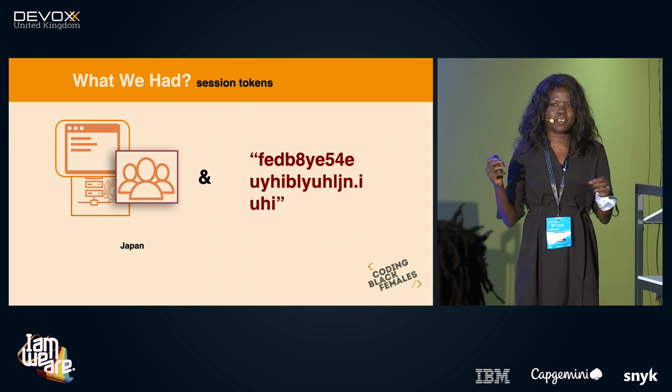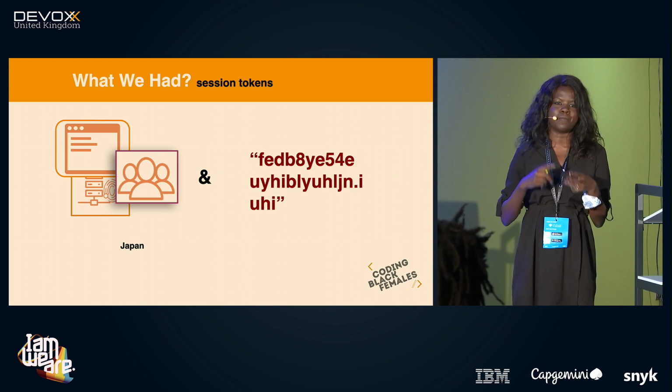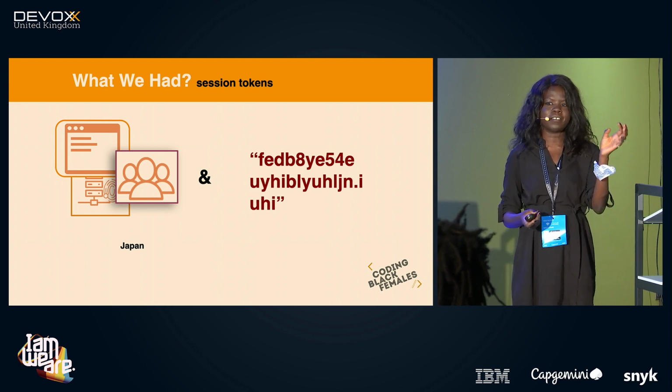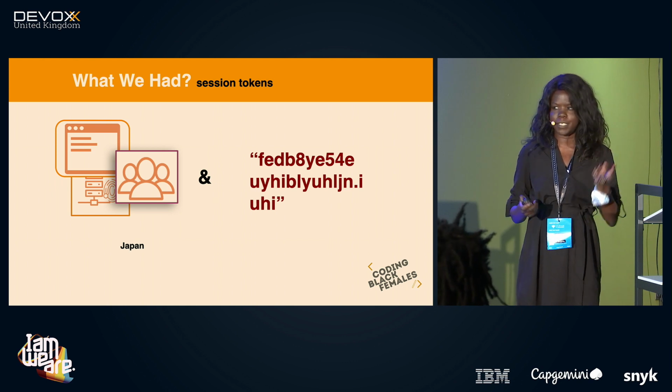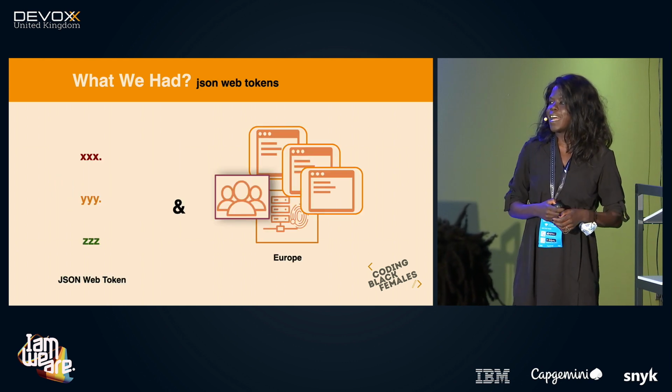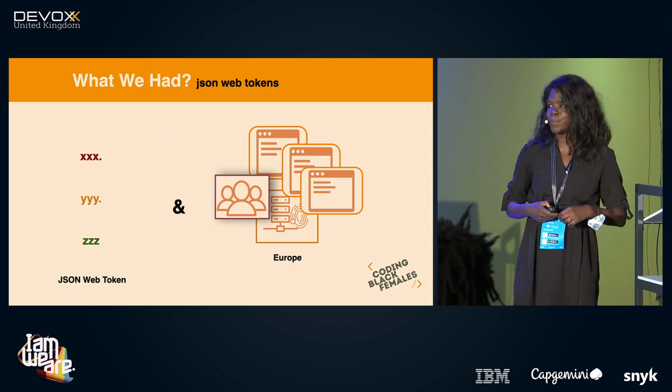It does seem like a lot of going back and forth, but it does mean that the user's details, like their name, rights, roles, and stuff like that, aren't exposed, and so malicious attacks are limited, hopefully. We then had the situation with Europe, or with the Azure AD IDP.